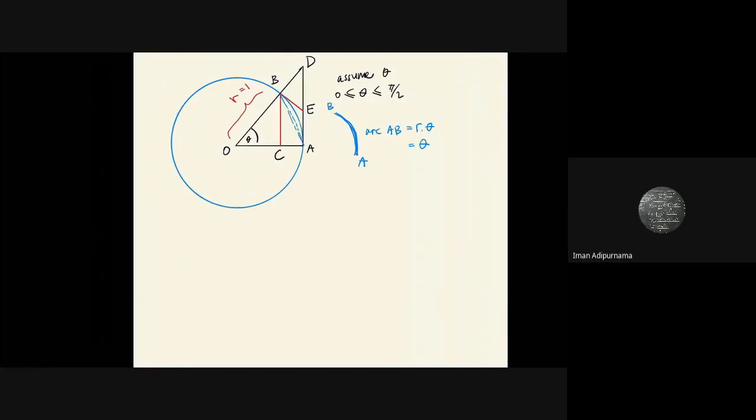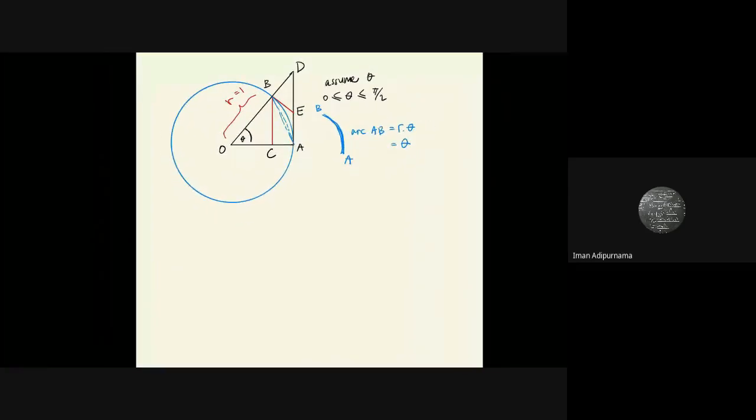And then see the triangle OBC. Consider triangle OBC. Sine theta will be BC over OB, right?